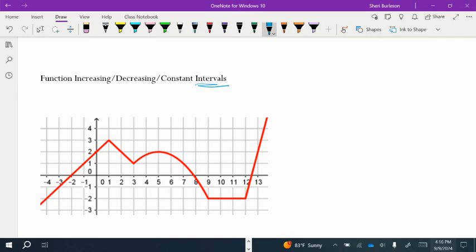So this is really pretty intuitive if you are looking at a graph. If you would like to try to just see, without me even defining it, where the function is increasing, where it is decreasing, where it is constant, go ahead and pause the video and try that. See if you can come up with those.